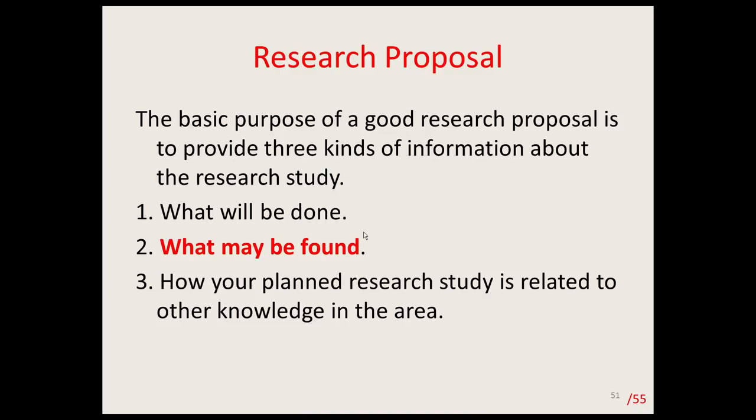Now, there is a difference obviously between a research paper and a research proposal. A proposal has 3 main parts, which include what will be done, what may be found, and also how your research is related to other research in the area.